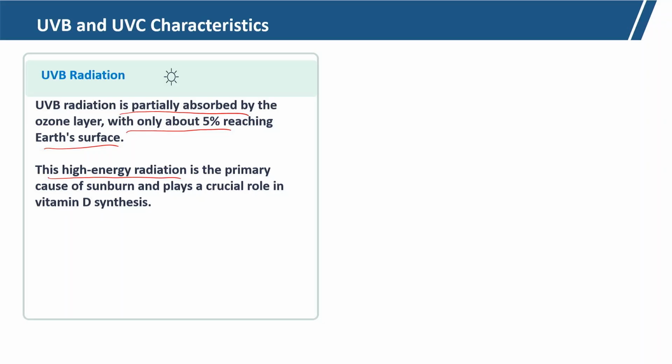It has a lower wavelength than UVA, but its energy is higher than UVA, and it primarily causes sunburn and plays a crucial role in vitamin D synthesis. That is important. It is harmful, but at the same time it actually synthesizes vitamin D in our body.